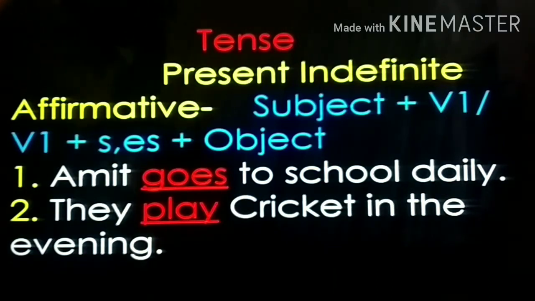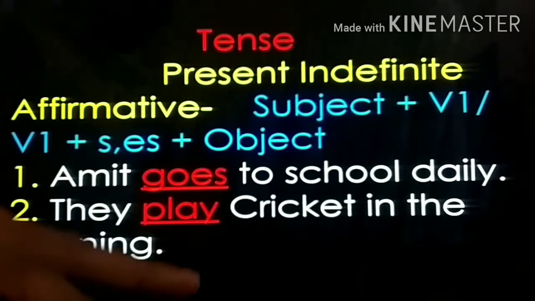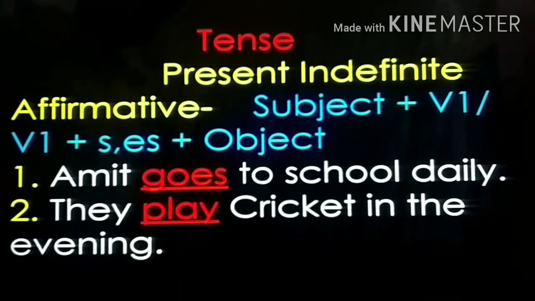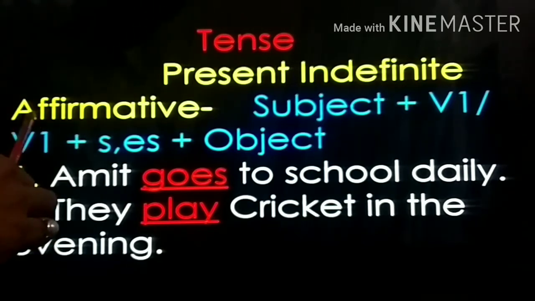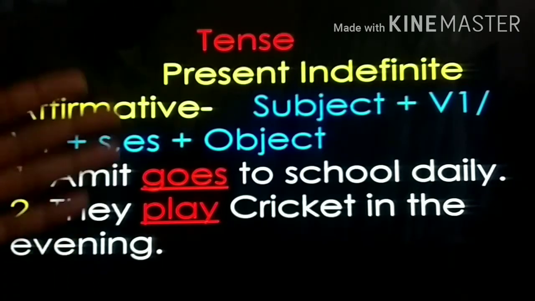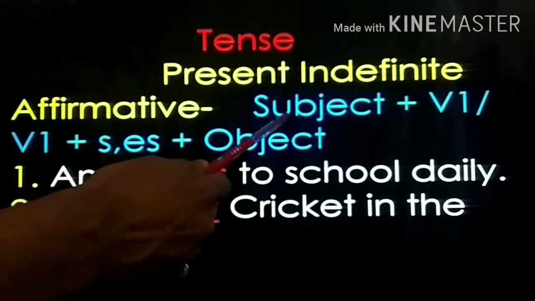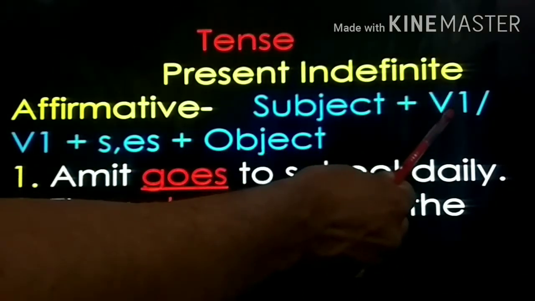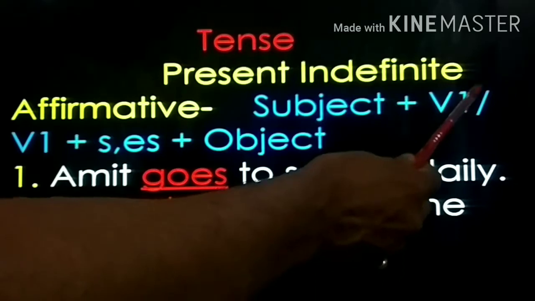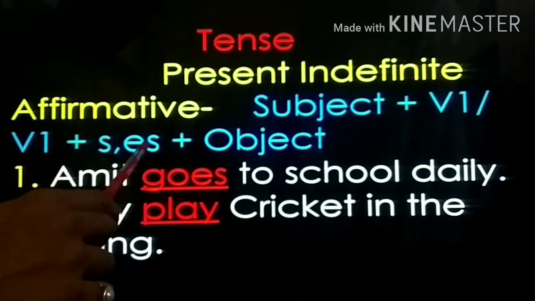There are 3 types of sentences: affirmative, negative and interrogative. First of all, we will start with affirmative. The rule of an affirmative sentence is, first of all, we write the subject, after that the verb, V1, which means the first form of the verb, or first form plus S or ES.